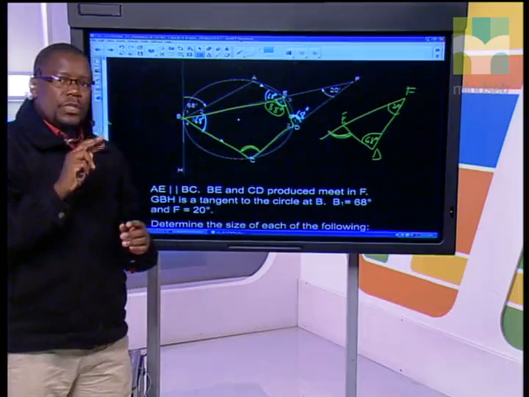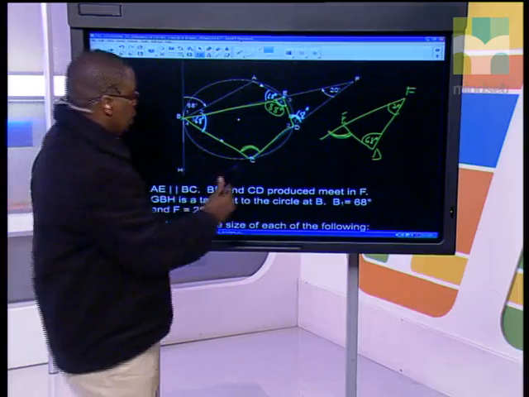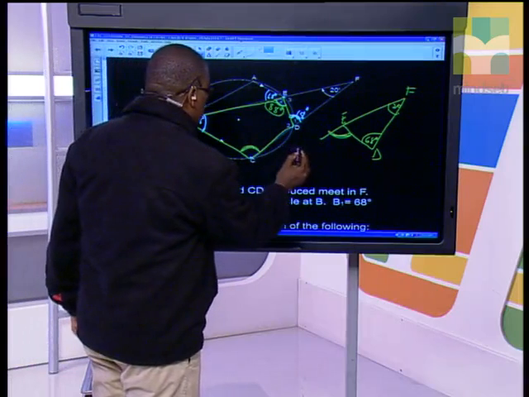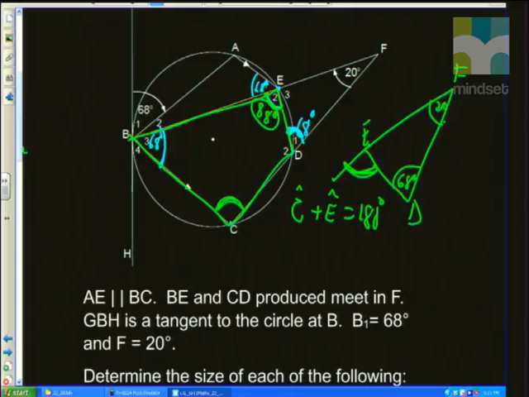And you know that opposite angles of a cyclic quad are supplementary. So what you can do is add C to E, so you know that C plus E will give us 180 degrees, okay? So the sum of the two. So C will be equal to 180 degrees minus 88, and that's 92. So opposite angles of a cyclic quad, so that is 92.